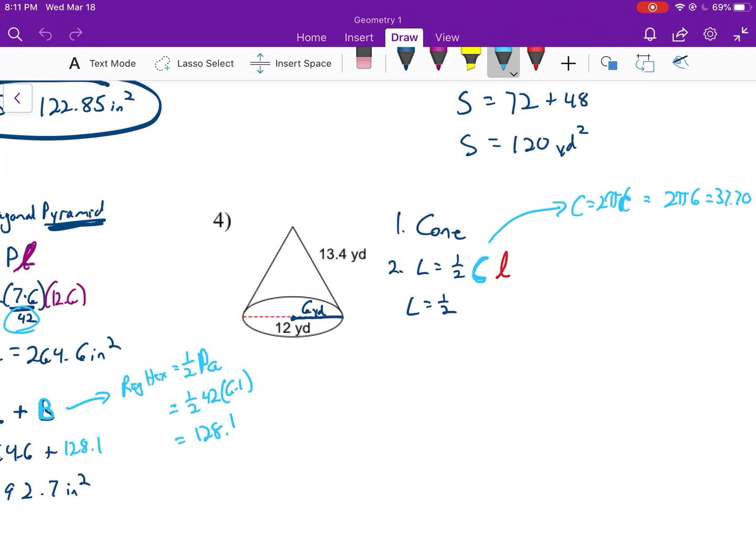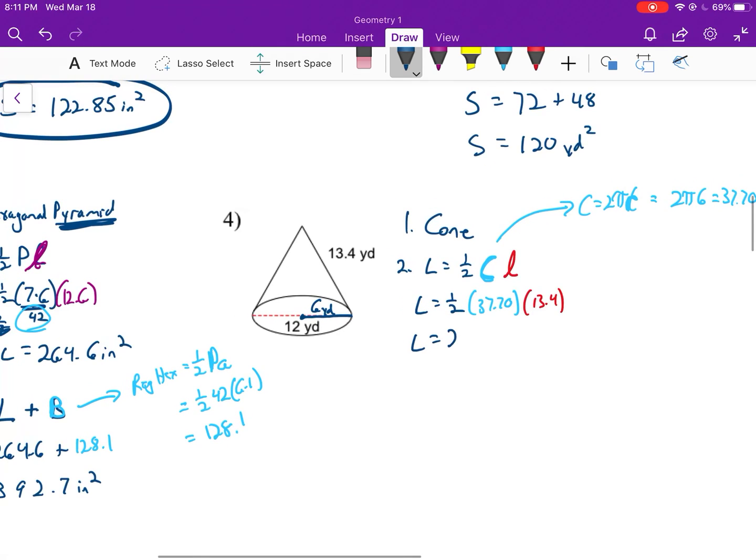So we can put in 37.70 for our circumference. For our slant height, it's 13.4. And so lateral area equals all these multiplied together, which gives us 252.59 yards squared.